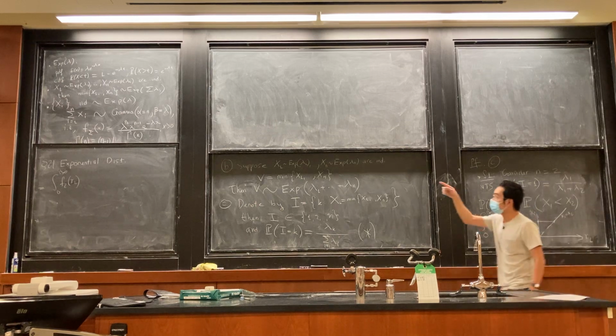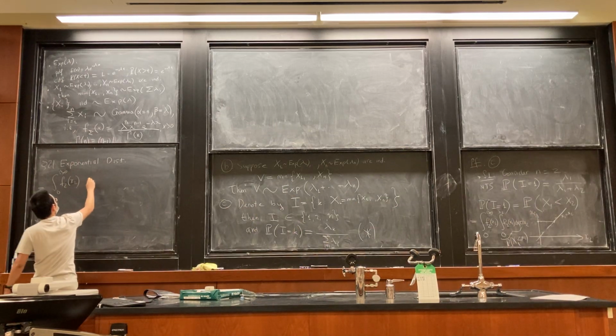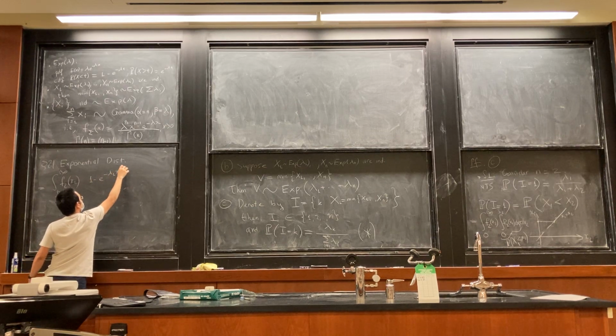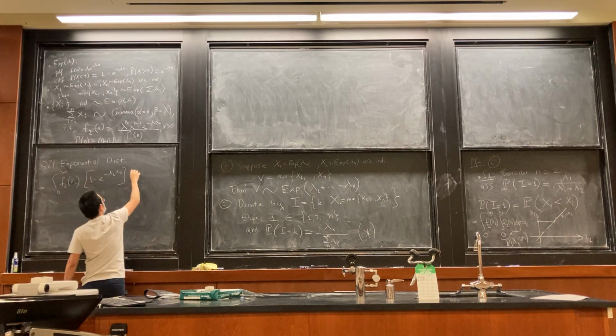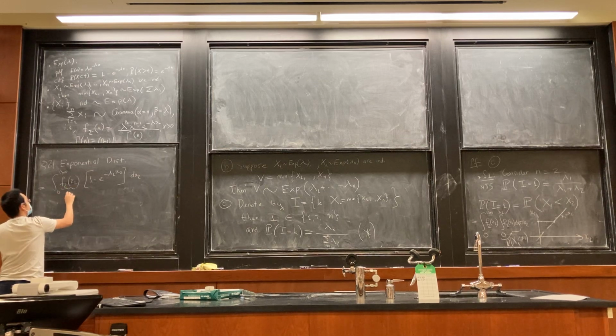And according to the formula above, that is 1 minus e to the minus lambda 1 x2, and then I have dx2. Now I'm going to plug in this: lambda 2, e to the minus lambda 2 x2.